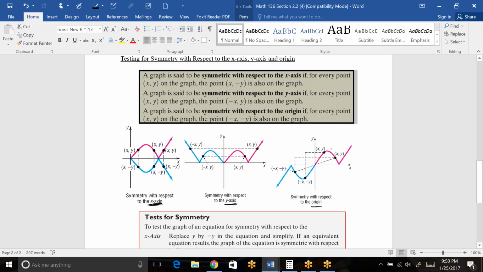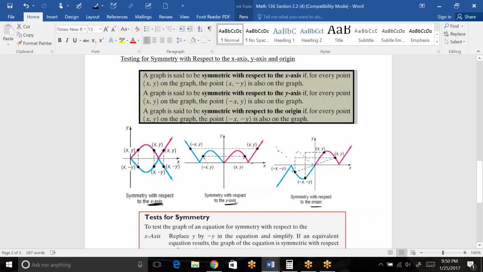So notice this graph got flipped over and then upside down. So it went over the y-axis and then down over the x-axis. If you could draw another little halfway step somewhere in here, that's where it was in the middle. So a double flip means not only did your x change sign, but so did your y. So that's what we mean by origin symmetry.